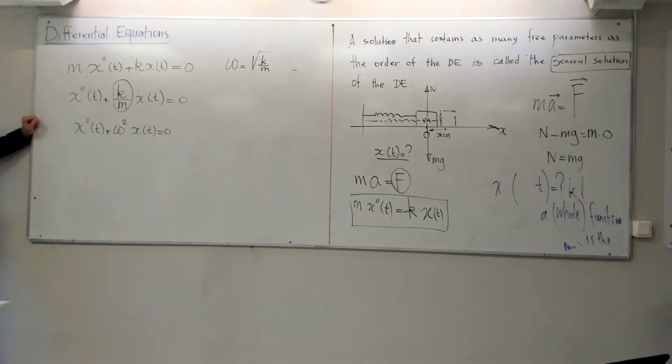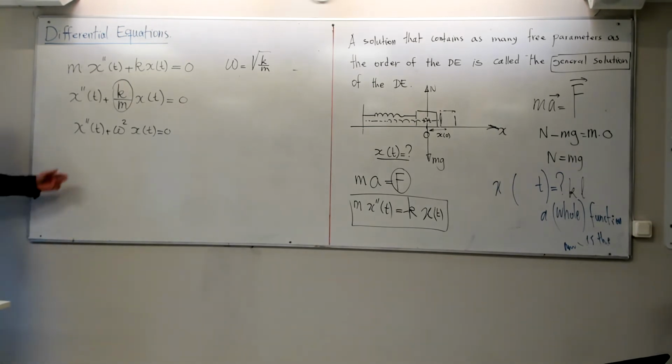Okay, let me ask you now some questions. Can you somehow guess what would be a solution for this? Or what type of function you want? That is probably not a good question if I ask you what's the solution. But what type of function, somehow you know, that you can have something like this here, yes?